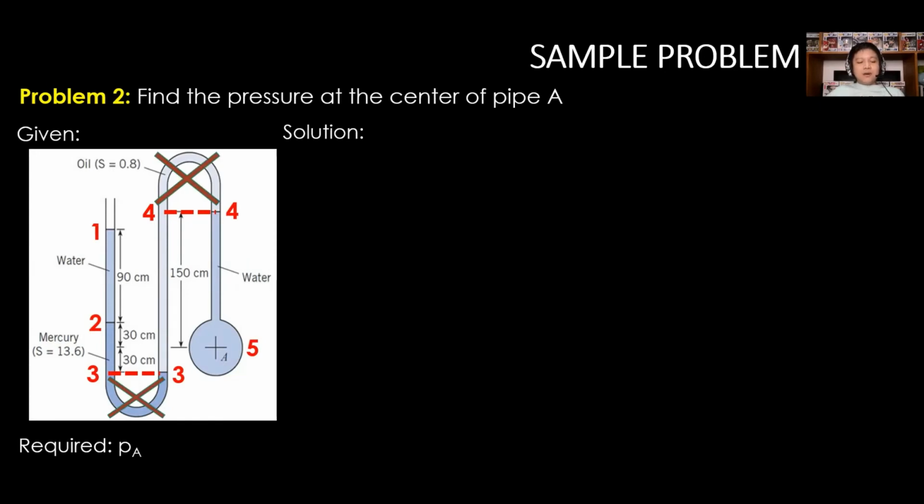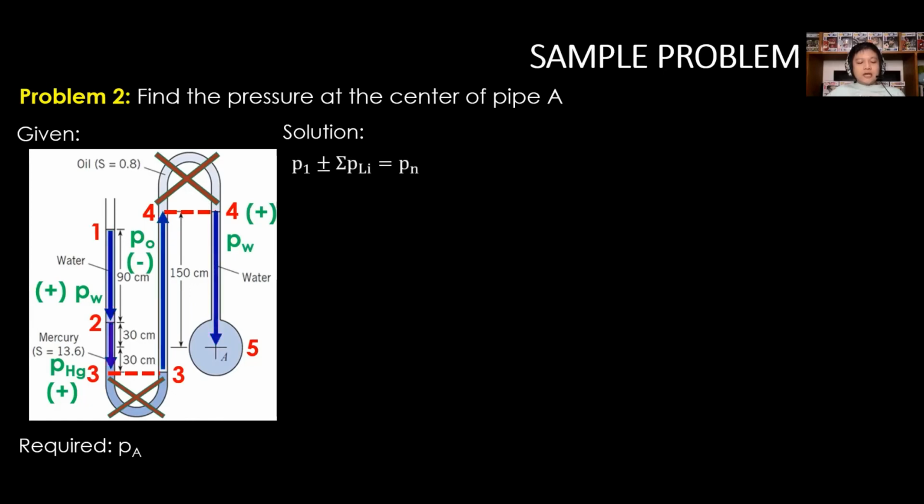Identify the direction of pressure contributions for point 1 to 2, that is downward, 2 to 3, again downward, for 3 to 4, that is upward, 4 to 5, downward, and apply the equation starting at point 1.